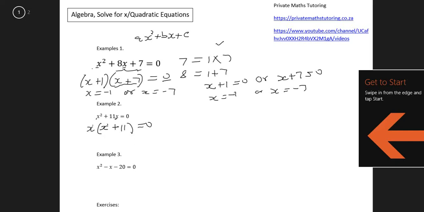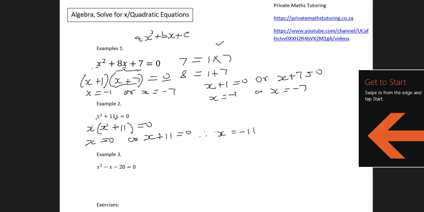In this case, the solution is either x is equal to 0 or x plus 11 is equal to 0. Therefore we can say x can be equal to minus 11. So we solve for x. Let's look at our third example now.